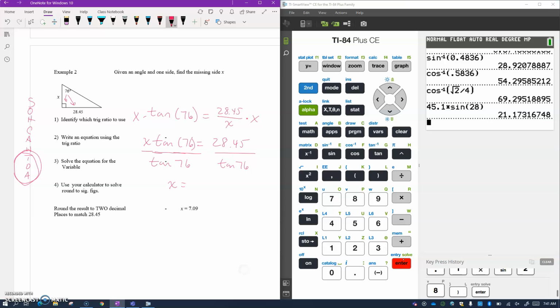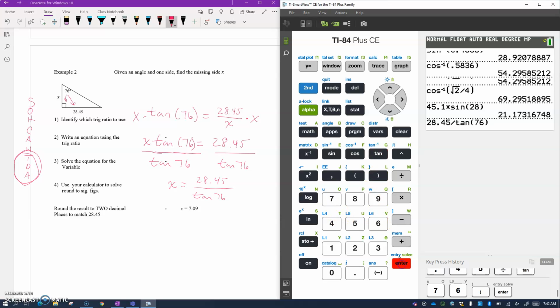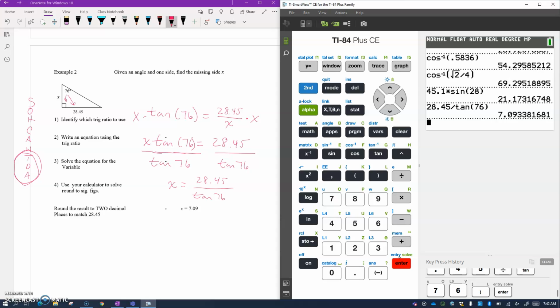So now x is by itself, and I have 28.45 divided by tan 76. Now I go to the calculator, 28.45 divided by tan 76, and I hit enter, and I've got that x is 7 point.